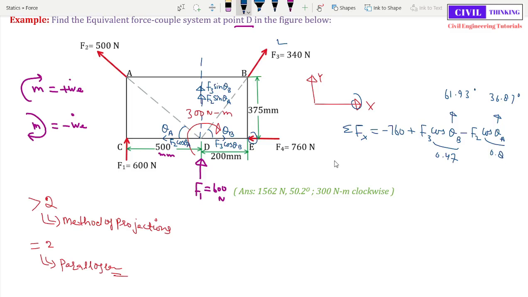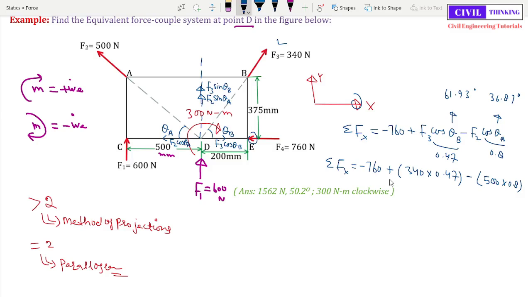Let me write here, summation of Fx is equal to negative 760 plus, now F3 is 340, right? 340 multiplied by 0.47, right? Then we have negative F2. F2 is 500 multiplied by 0.8, right? So let us use a calculator to find the value.